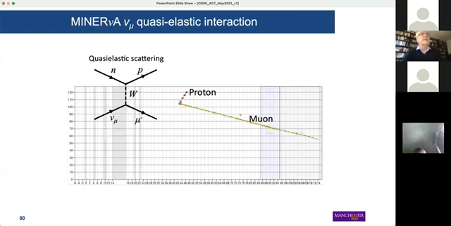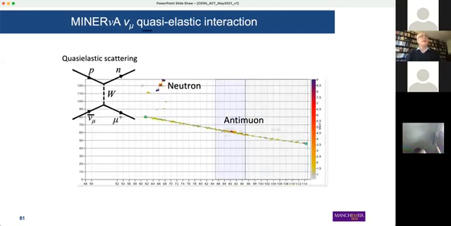This is in their detector. So here you see, for example, a quasi-elastic scattering event. That's a neutrino producing a proton, and the muon is coming out, which again you recognize by the length of the track.